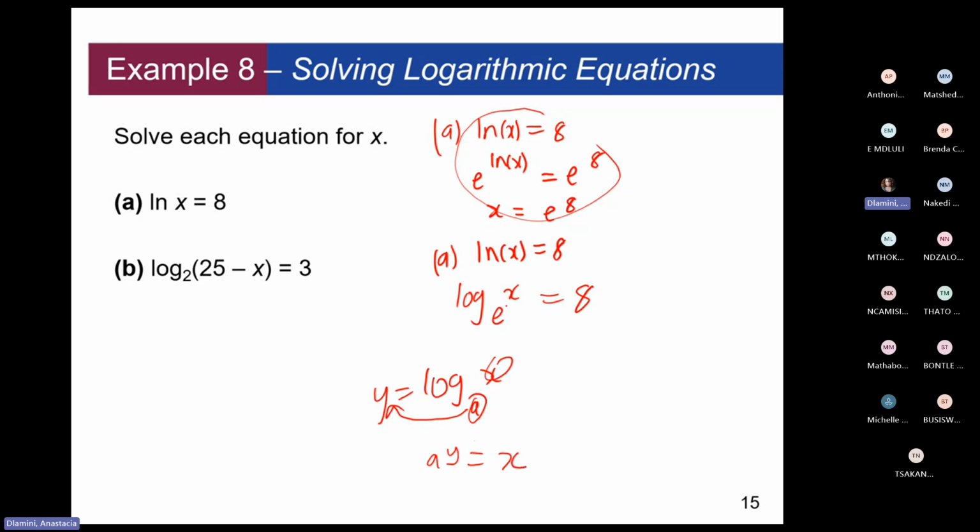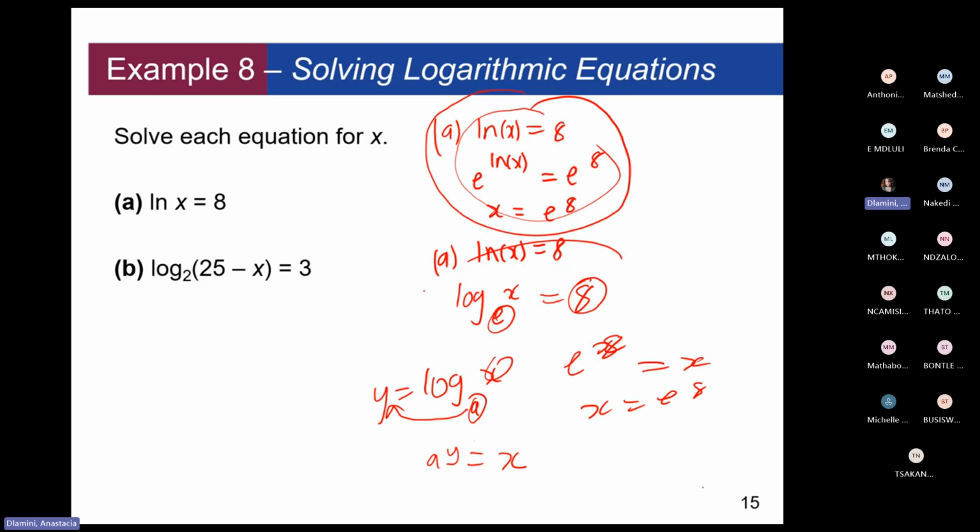Meaning here, we take e raised to the power of y, which is equals to x. So therefore, x is equals to e to the power of y. Does it make sense? So this is the first method, and this is the second one.